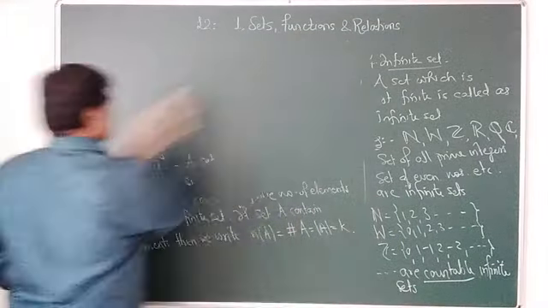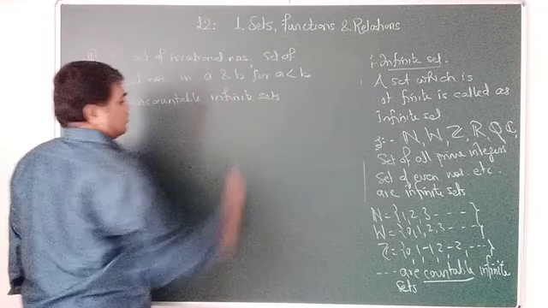If I take the set of irrational numbers, or if I take the set of all real numbers in the interval A and B for A less than B, these are uncountable infinite sets.